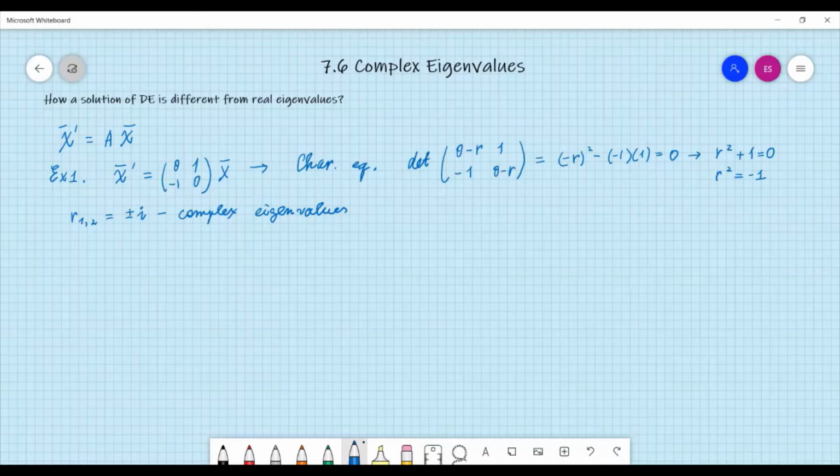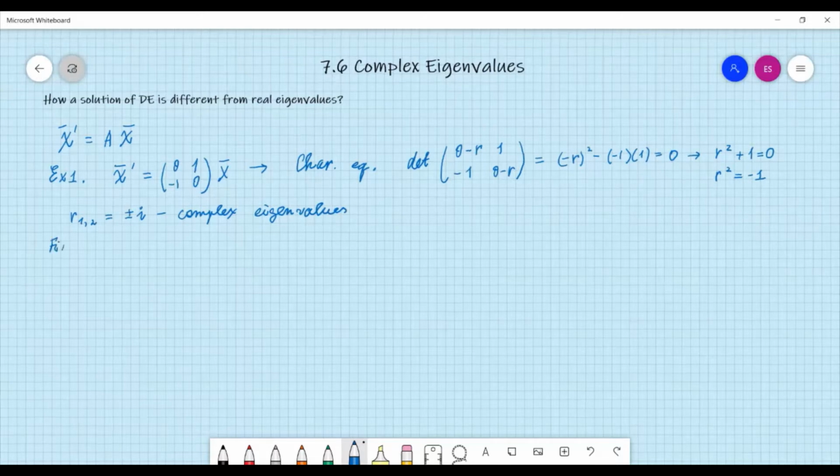Well, I'm going to start with finding the first eigenvector. And that's going to be the eigenvector which corresponds to r1 equals i, right? So what am I going to do? Well, I'm going to plug it into my matrix and solve it.